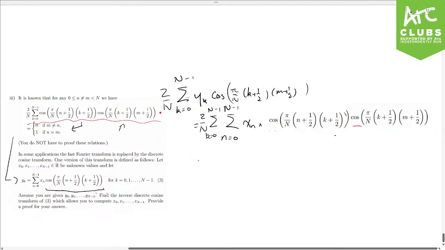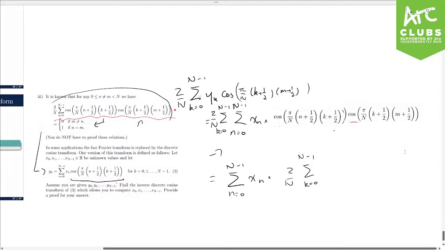And now in this expression, we want to isolate this term. So we can switch the order of summation and then get this.